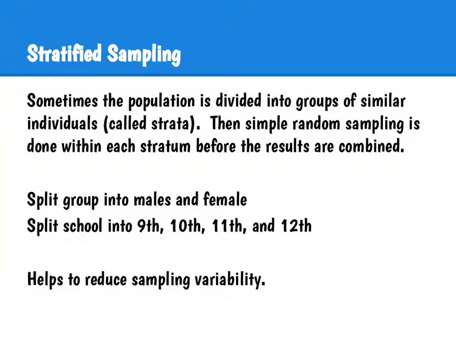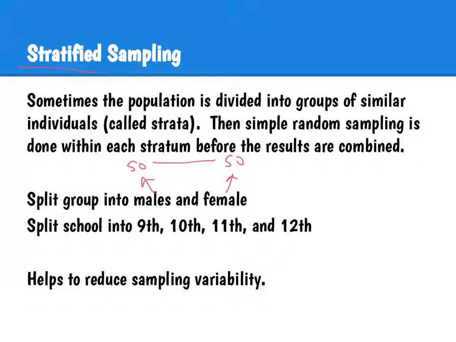All right, technique number 2 is called stratified sampling. When you divide the population into groups, and then you sample from within the groups before the results are combined, that's called a stratified sample. So, for example, I might split into males and females, and then I get 50 randomly selected males and 50 randomly selected females.